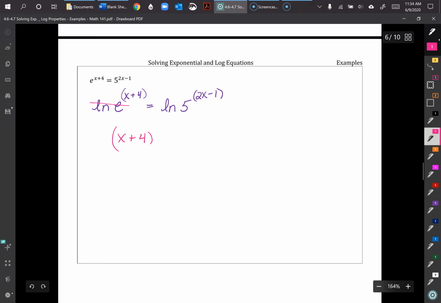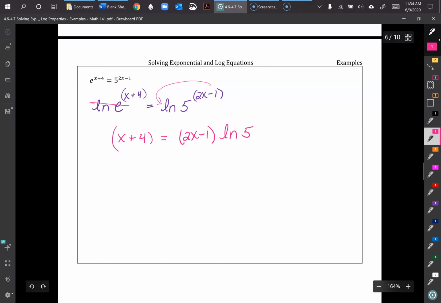So it's just my shortcut way of tracking. And then I have this comes down again, another little shortcut way of tracking the property or trying to show you what I've gotten rid of. But we have to put in parentheses 2x minus 1 in parentheses ln 5. That's really important.